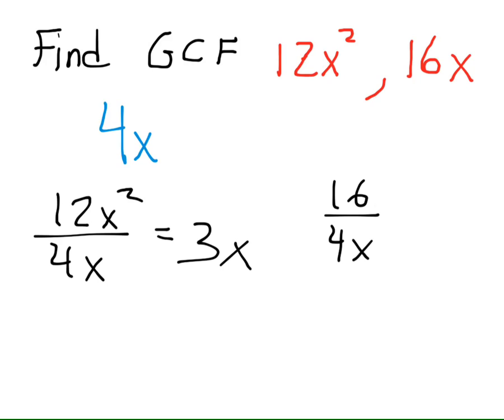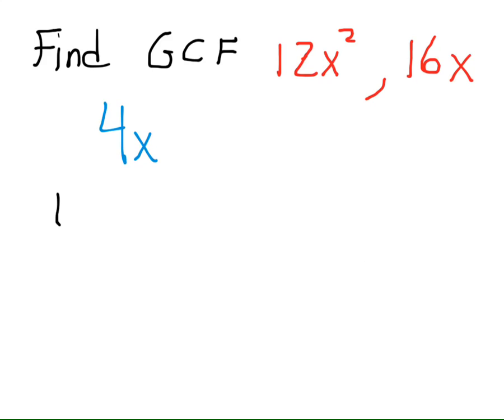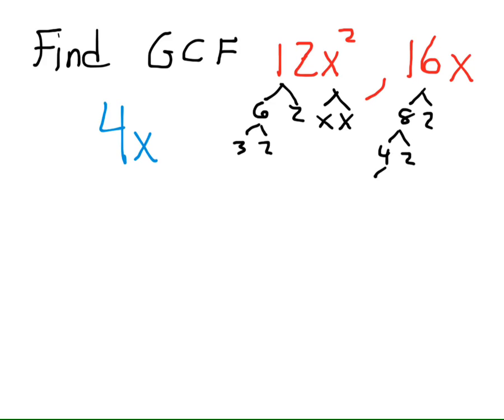Right? Another way you could have done it is you could go ahead and write the prime factorization of both of these. Let's say this is 6 and 2. This is 3 and 2. This is x and x. You don't have to do this either necessarily. This is 8 and 2, 4 and 2, 2 and 2, and that's just 1x. Okay? And I look, what do they have in common? They each have one 2 in common.